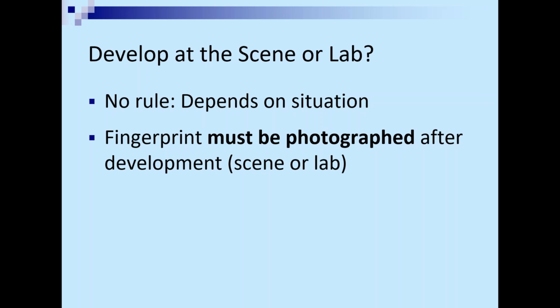If you can do it in the lab in a controlled environment, in a very expensive fuming chamber, you tend to get better results than if you try to do something at a crime scene.